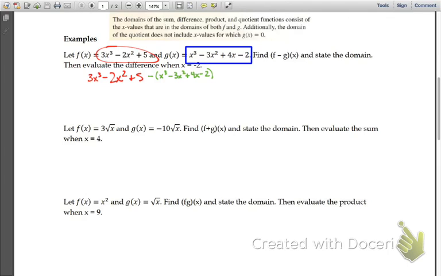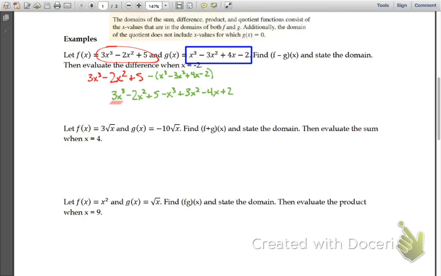It does not matter to me what you do. If you want to put it in parentheses or you want to look at everything and automatically change the signs, do that. So if I have 3x to the third, nothing's going to change on the front side. I'm going to have negative x to the third plus 3x squared minus 4x plus 2.